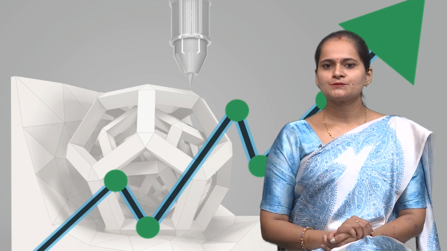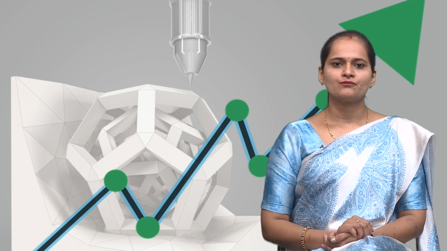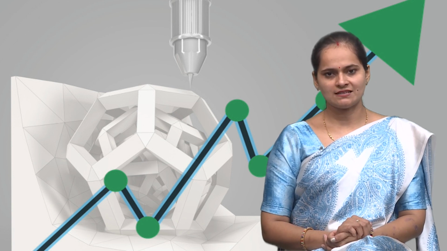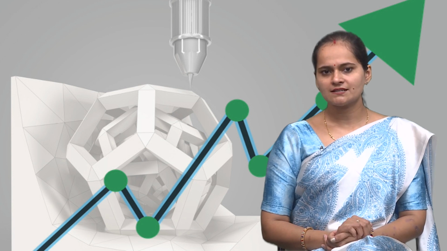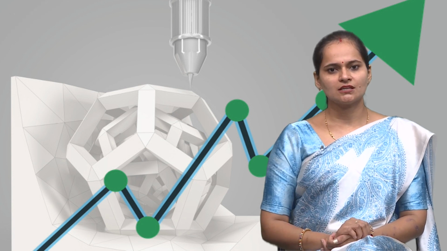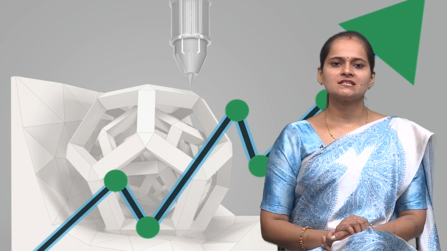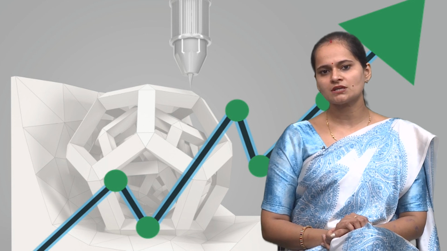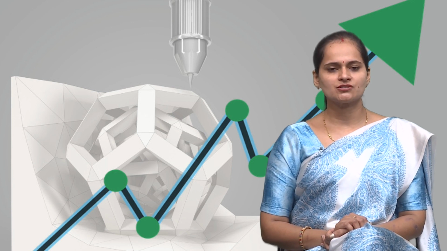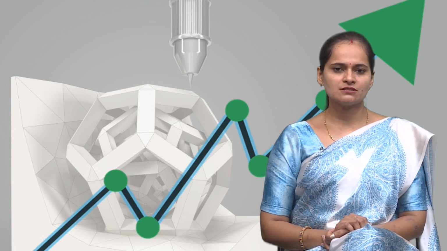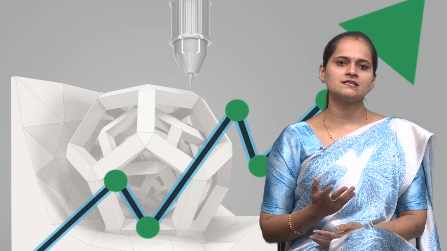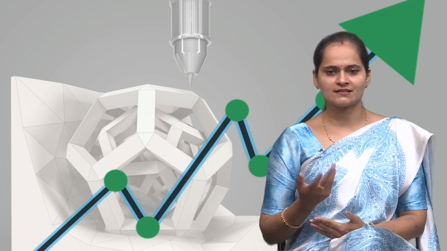While 2D image processing techniques are well established, 3D images present unique challenges that necessitate specialized techniques. These challenges include, first, increased complexity. 3D data introduces an additional dimension requiring adjustments to algorithms and techniques. Second is varying intensity and texture.